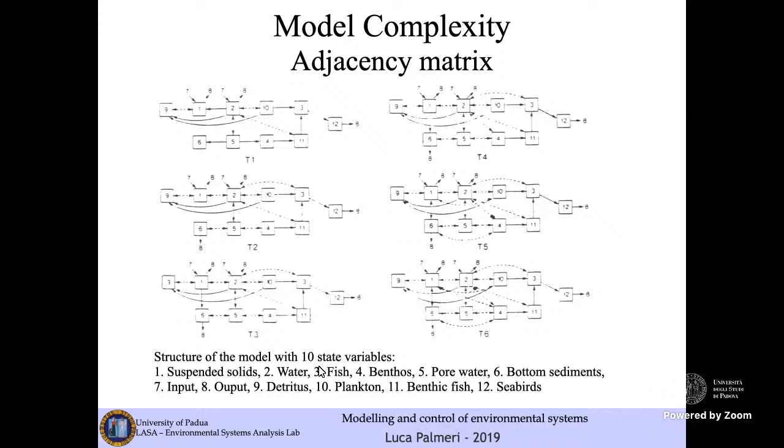Of course, we are not specifying here which is the currency, but you may imagine that the currency might be phosphorus or nitrogen in the different quotas or in the different state variables. So we have T1, T2, T3, T4, T5, T6, 6 different configurations of the model.